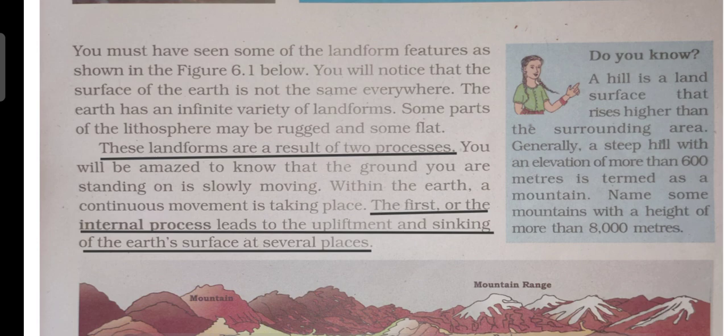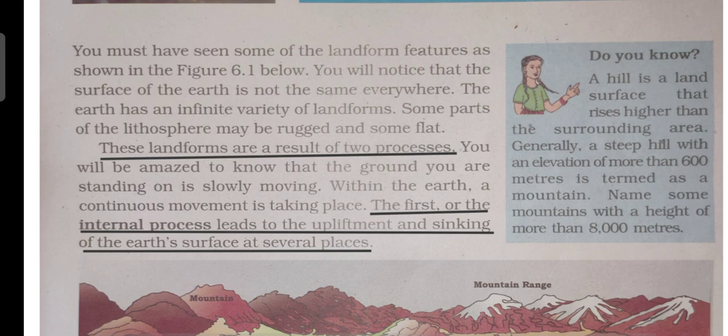So, the ground that is beneath or under your feet is continuously moving. The tectonic plates, which are inside the surface of the earth, are continuously moving. And these tectonic plates, children, can create landforms by pushing up the mountains and hills.